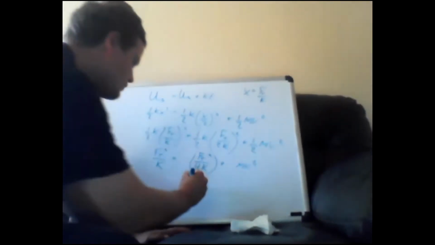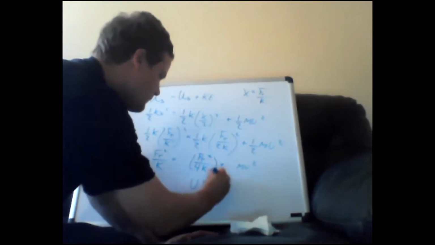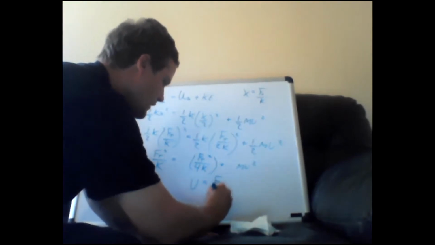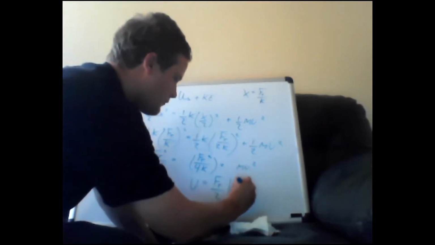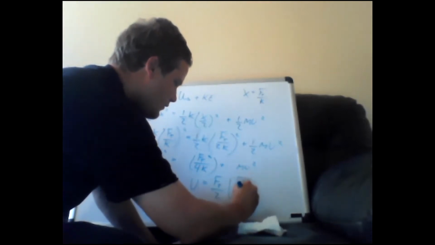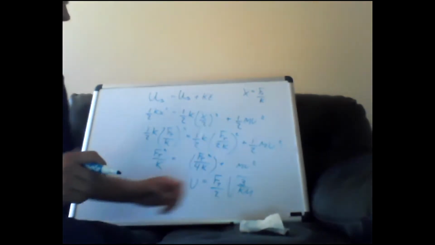And so when you do that, you should get a velocity equal to F sub t divided by 2 times the square root of 3 divided by k m. And so this would be your final velocity there.